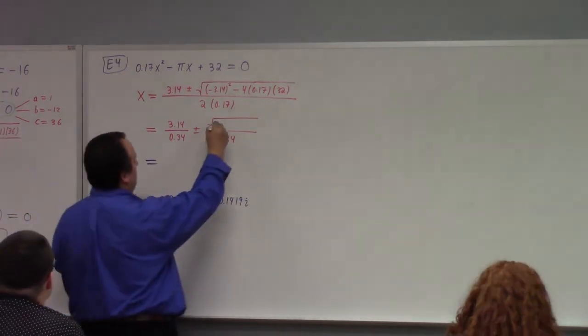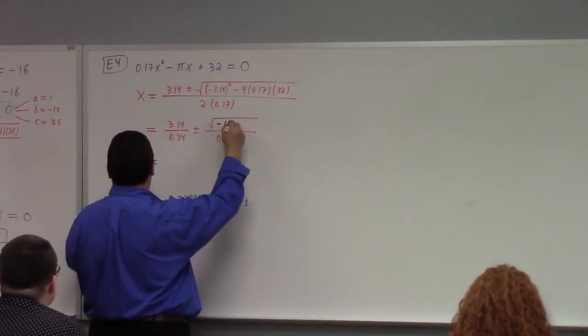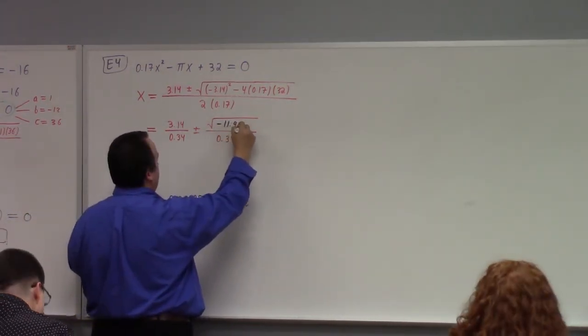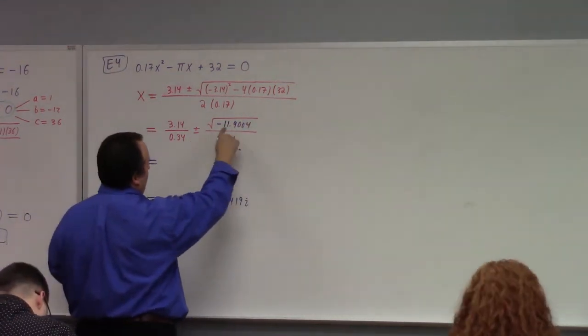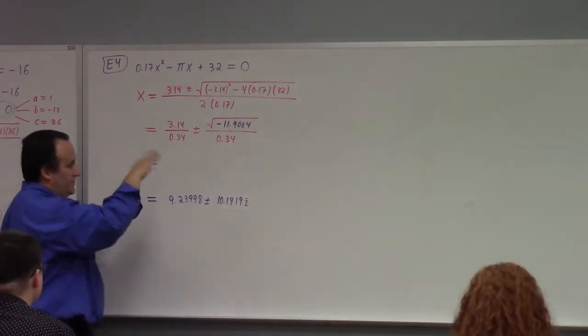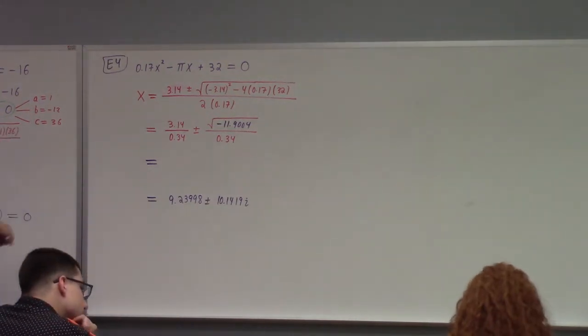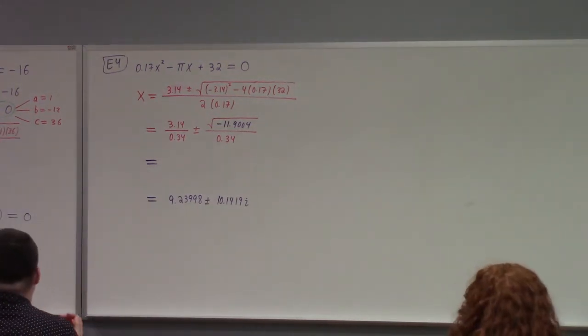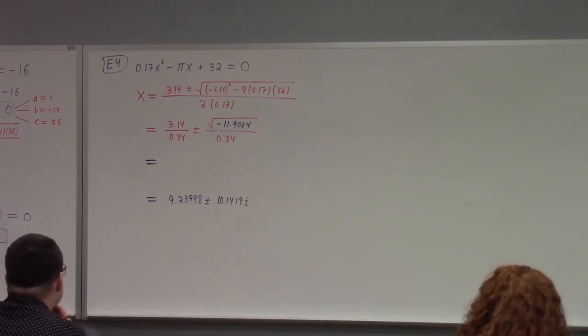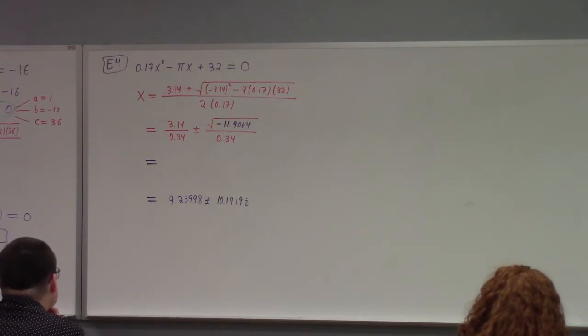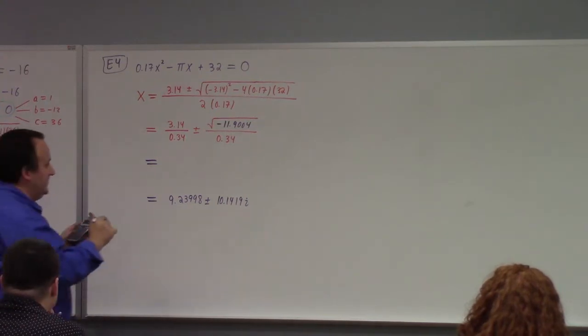Minus 11.9004-ish. It's kind of silly for me to keep that many digits when I'm only using 3.14, but whatever. You notice the minus inside the square root? That means it's imaginary, right? So what's the square root of 11.9? 3.45-ish.